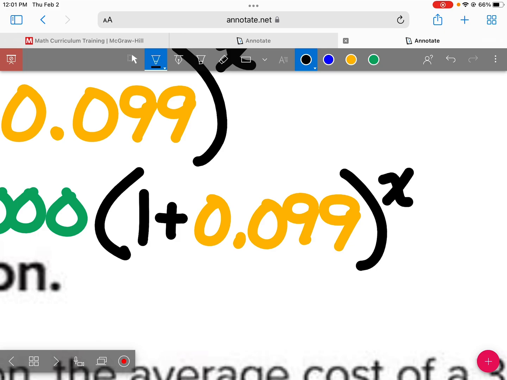Can I just put .099? Yeah, that's fine. I always put that 0 and then the point so you can always see where the point is.